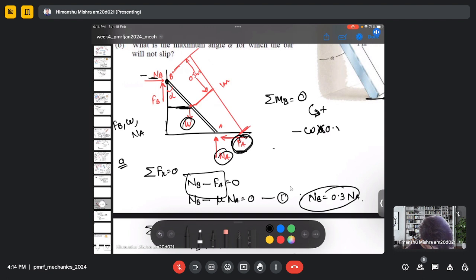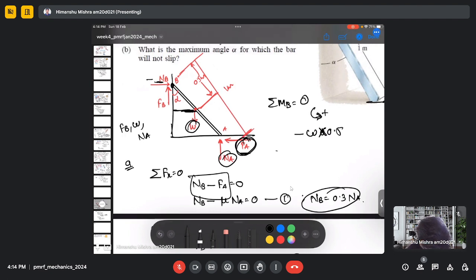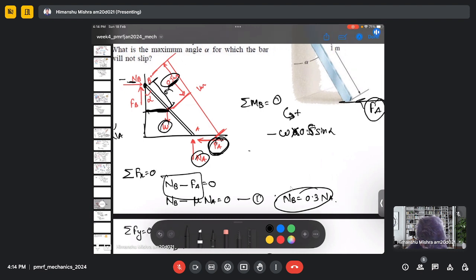This is my 0.5 here, and this will be 0.5 sin alpha in the negative direction, because it is creating a clockwise moment which is negative.